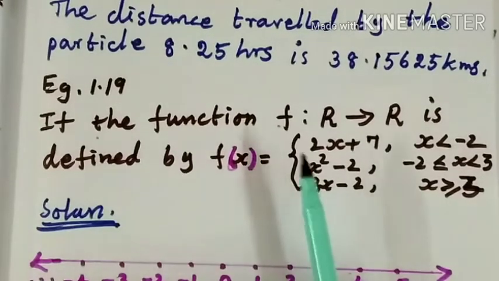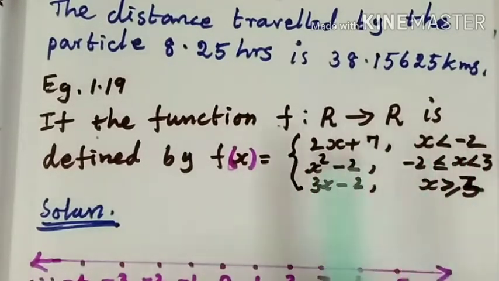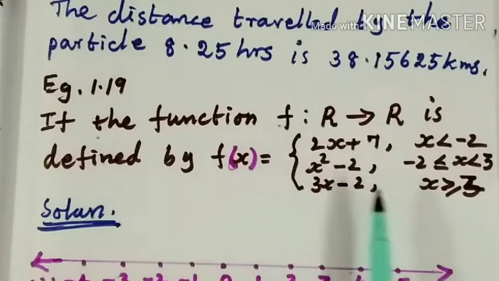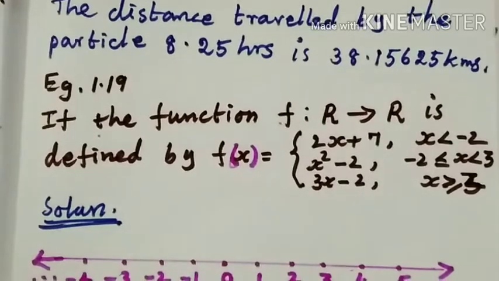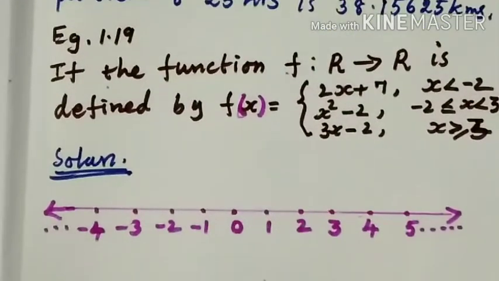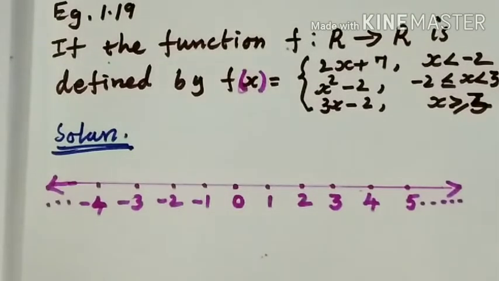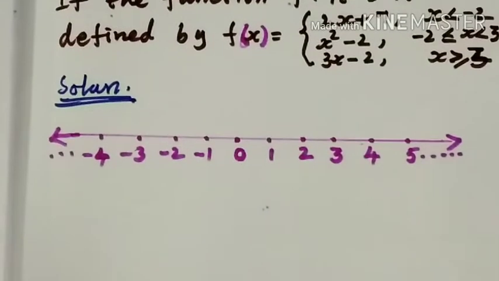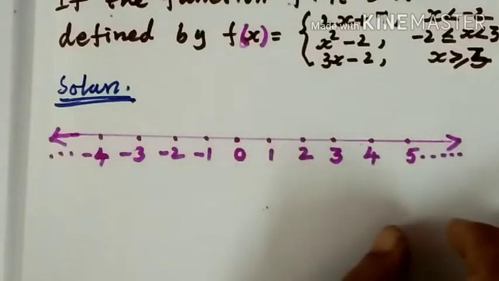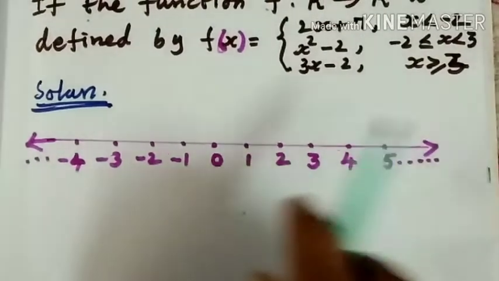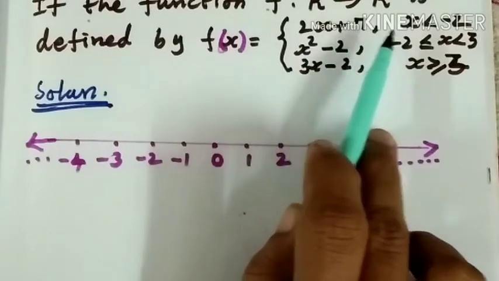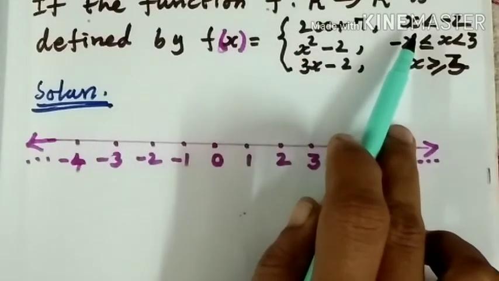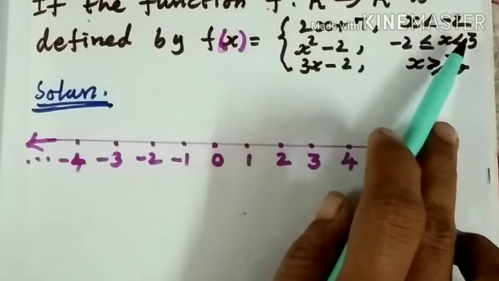In this question, a function from real to real is defined as f of x. We have to find the given subdivisions. For better understanding in the solution, I will explain this using a number line. See, the first function 2x plus 7, here x is less than minus 2.